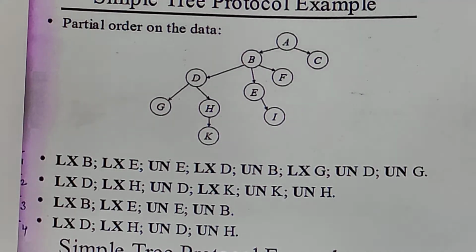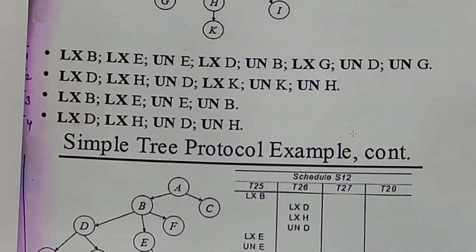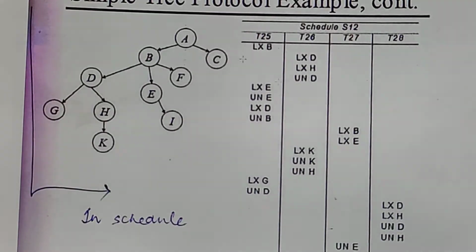And then if the transaction wants to have an exclusive lock on data item D, then data item B needs to be locked first. So first B is locked, then E is locked. Due to any reason they have released the lock on E. Then D is locked, unlock B, lock G. Right, this way if a transaction wants to lock any particular data item, then its parent needs to be locked first, right? So see this schedule.